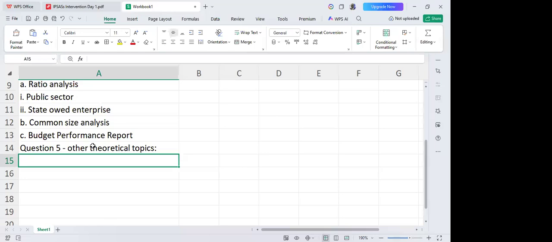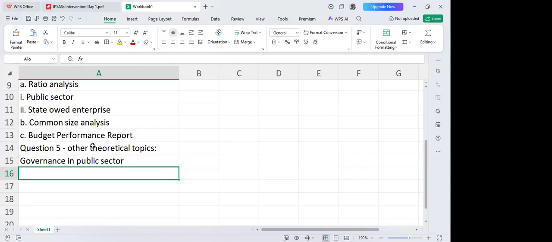So governance, I think that whole topic is governance in the public sector. You look at the functions of the public sector entities and then the roles of certain public officials. Then look at certain issues in governance as well. And then sustainability issues.